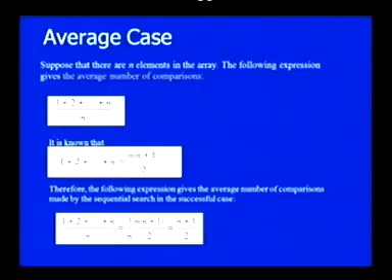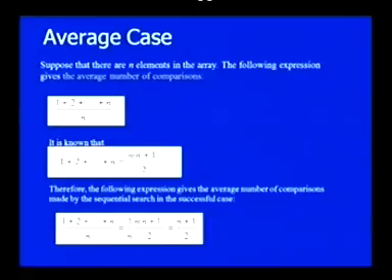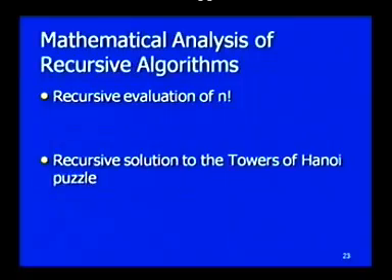Using the same idea, this n plus 1 by 2 can be approximated to n by 2, and it can be approximated to order of n. So, that is the reason why we say that for the linear search algorithm, the best case is order of 1, worst case is order of n, and average case is also order of n. This information is quite useful to find the behavior of the algorithms.